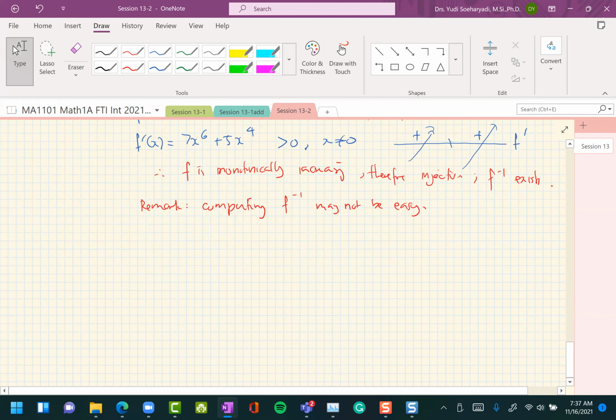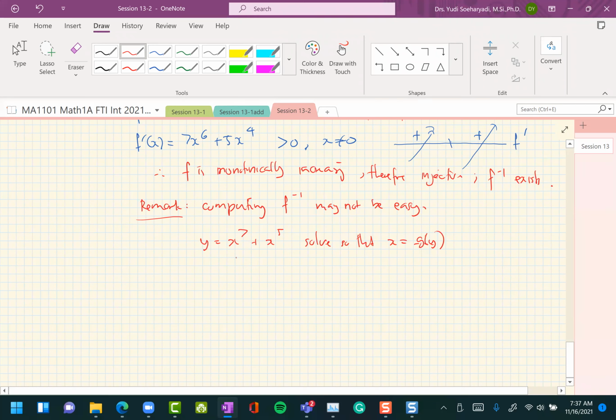It's difficult because if you are able to solve x equals something in terms of y, then you have the inverse.